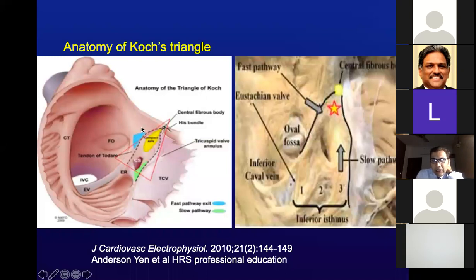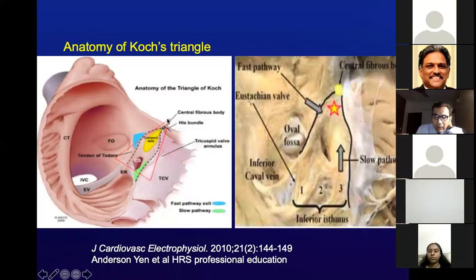The conduction tissue connecting the right atrium to the ventricle is in the anterior part of the septum. So imagine the septum divided into three parts. One in the line of the IVC to the SVC, two up to the anterior border of the crista terminalis, and three anterior to this, where the conduction system resides.